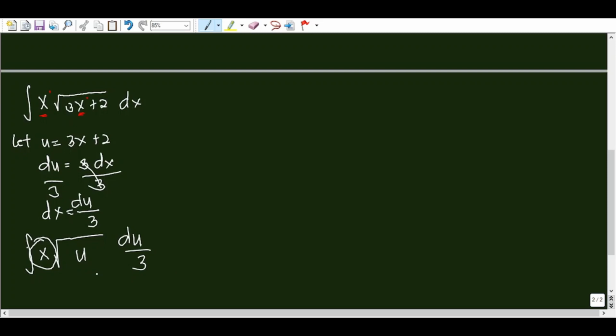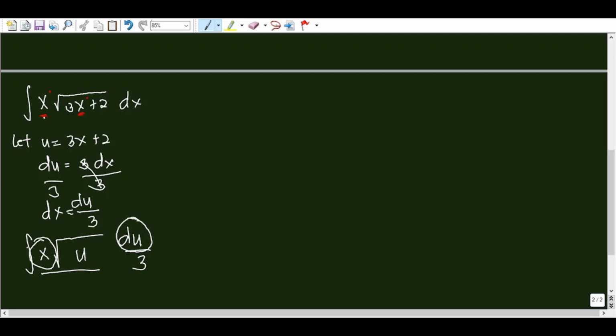It will not cancel out. We said earlier that for us to integrate this, all of our functions should be in terms of u. So we have to take the value of x in terms of u. How are we going to do that?